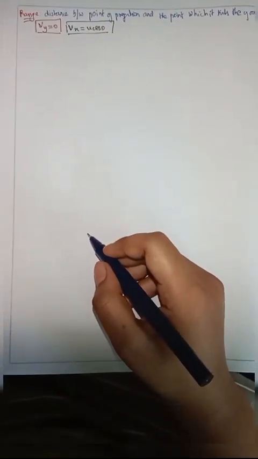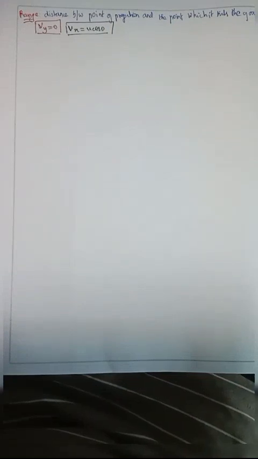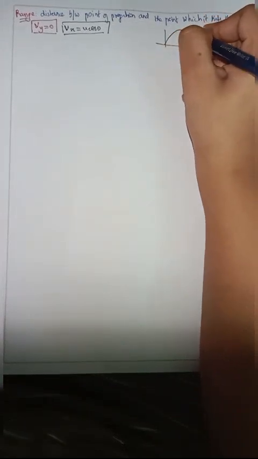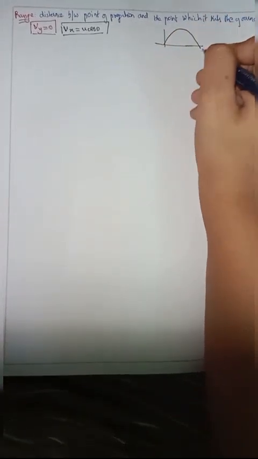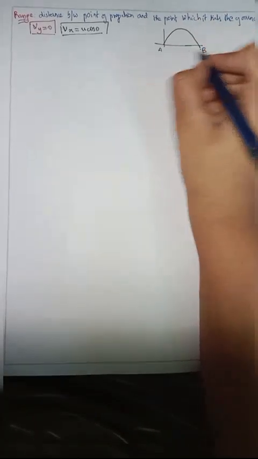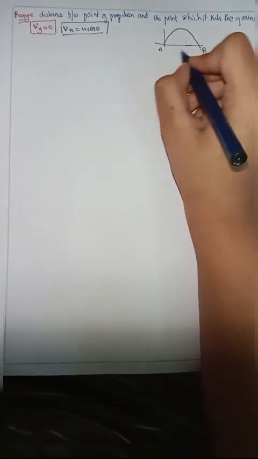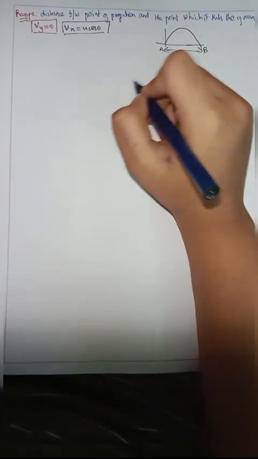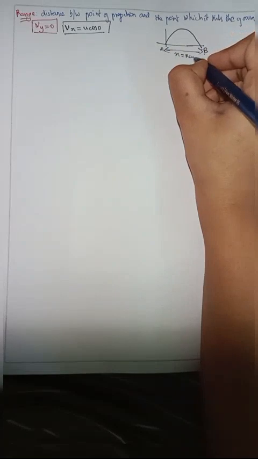See, the object is projected from here, goes up, then moves down again and reaches the ground. Let's take the point of projection as A and the point where it hits the ground as B. Taking this distance as x, this x equals the range.